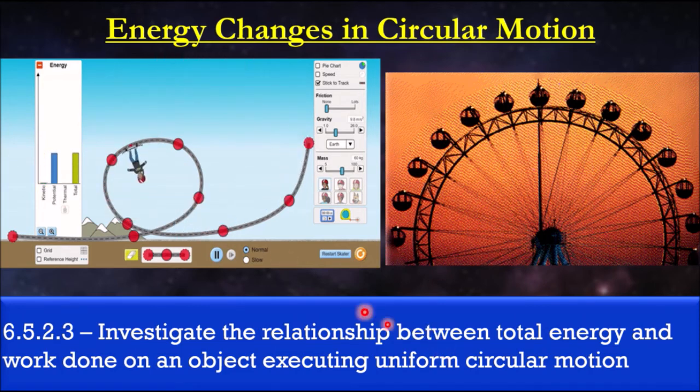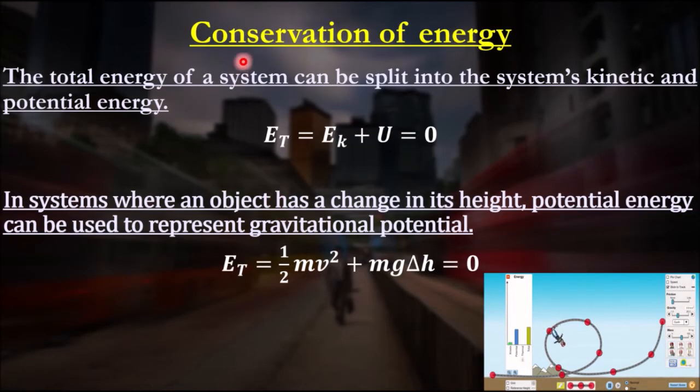So now that we know the different forces, let's look at the energy considerations, and that is energy and work done. Just to refresh your memory, conservation of energy states that the total energy of the system can be expressed by adding the system or object's kinetic and potential energy. So kinetic energy here, potential energy here.